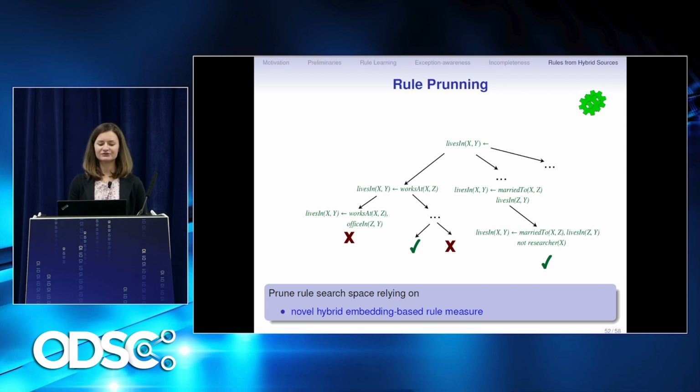During the process of this hypothesis construction, using operators similar to the ones that we've seen before, plus also operators for adding negated atoms, we would prune the rule search space relying on our hybrid measure that relies not only on the original graph, but also on the probabilistic representation of the ideal graph given by knowledge graph embeddings, which are possibly enhanced with textual information.